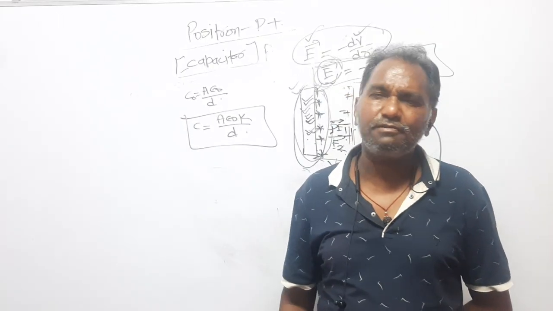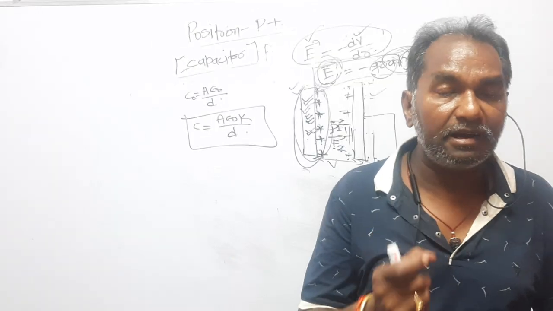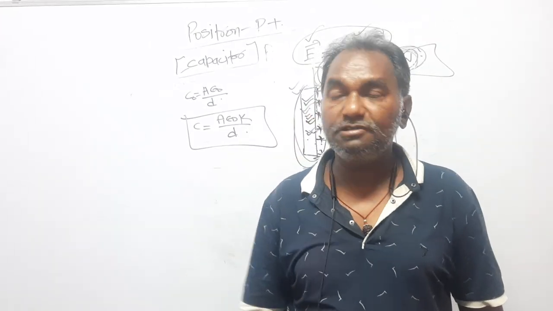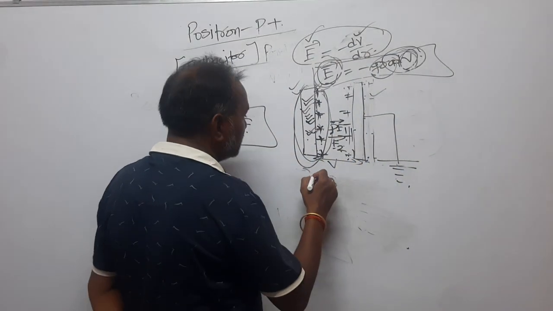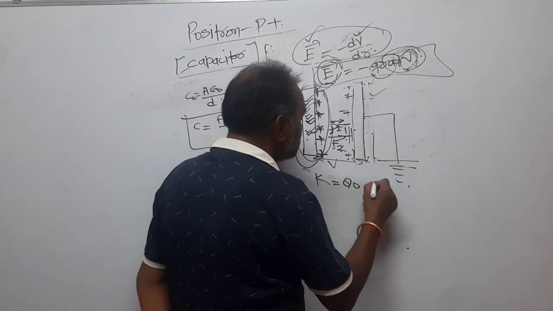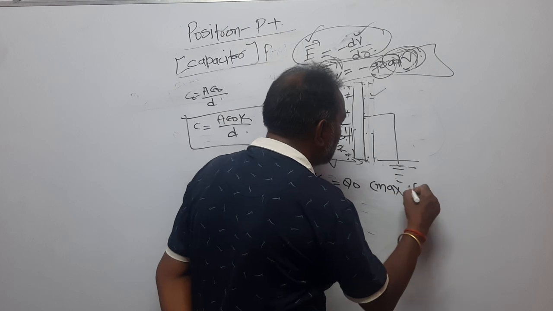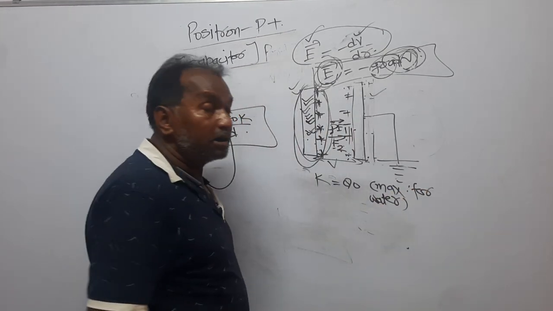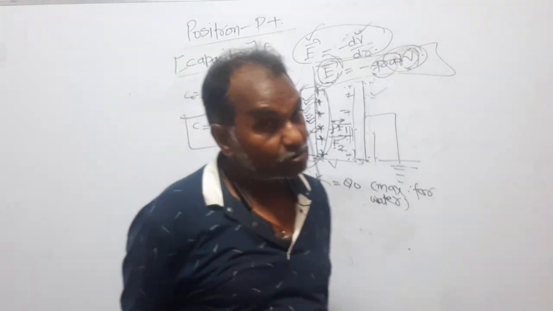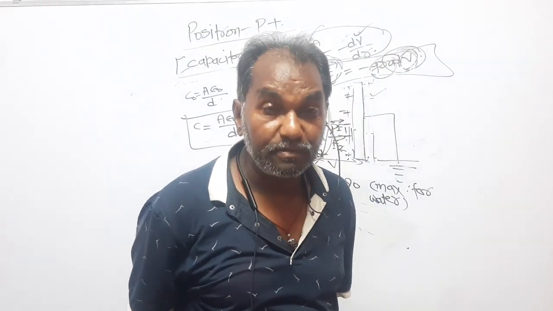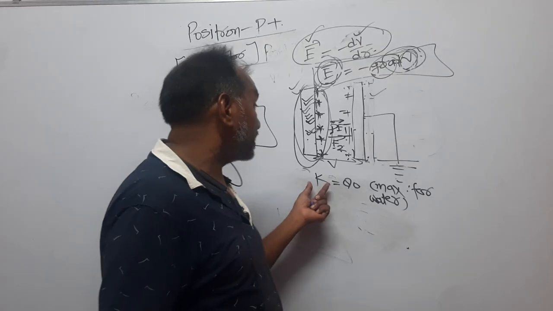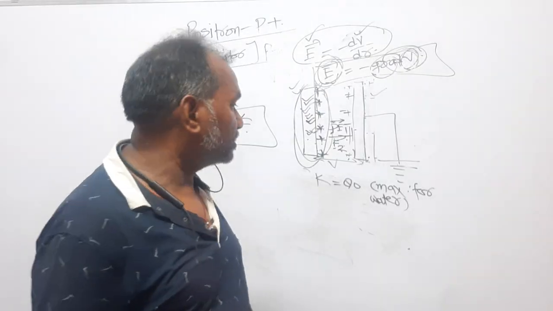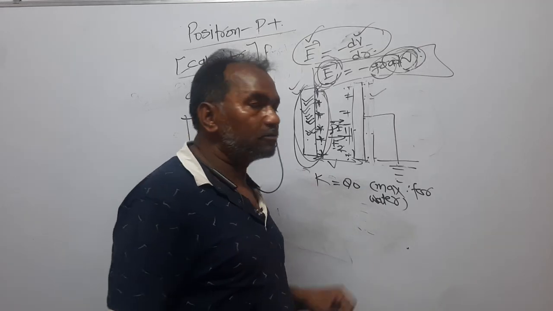Dear student, one thing is very important. All the dielectrics are insulators. But I have just said that K is equal to 80 maximum for water. It means water is also an insulator, right? Because we say that a dielectric is an insulator. Most of the dielectrics are insulators, and for water K is equal to 80.